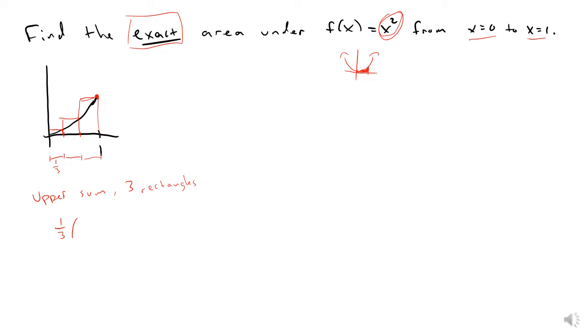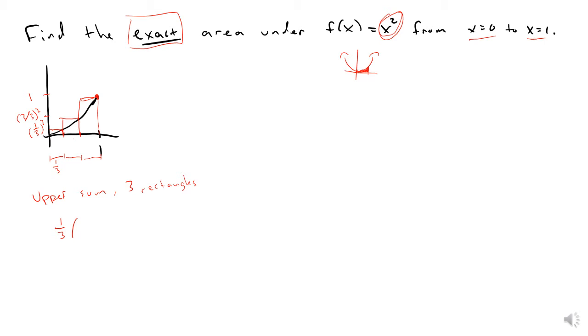This is 1/3 squared, which is 1/9. This one would be 2/3 squared. And then this last one, the height of that third rectangle would be 1 squared, which is 1.